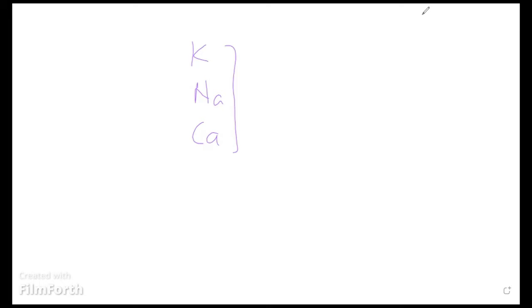On reaction with acids, they form salt and give out hydrogen gas.